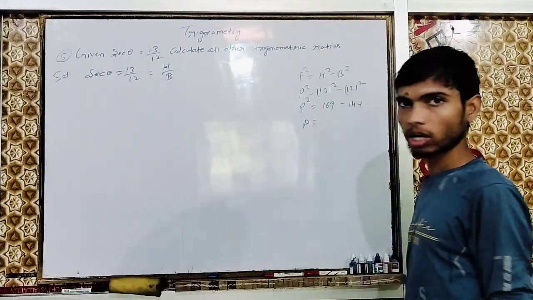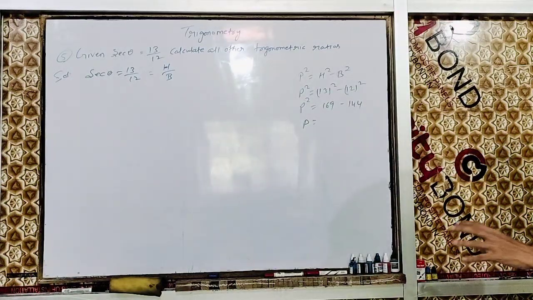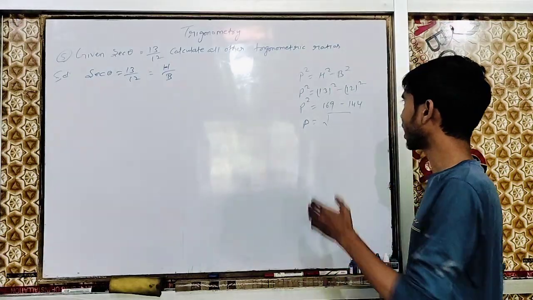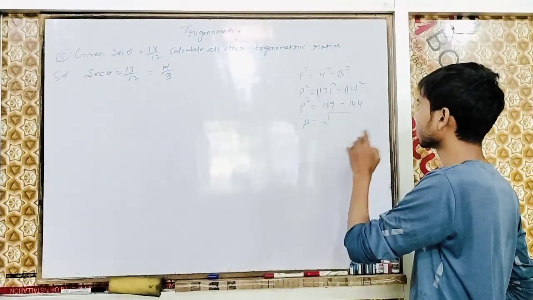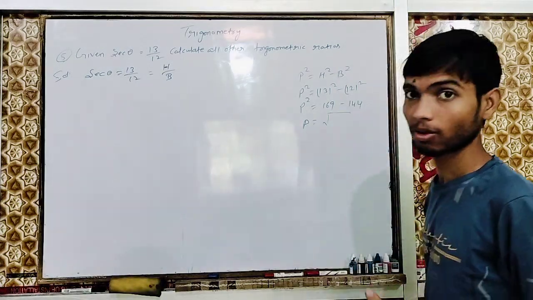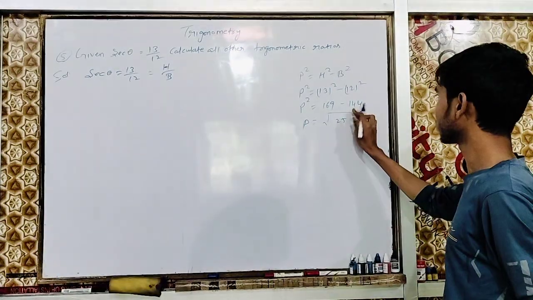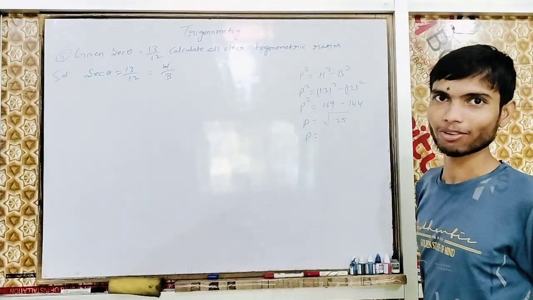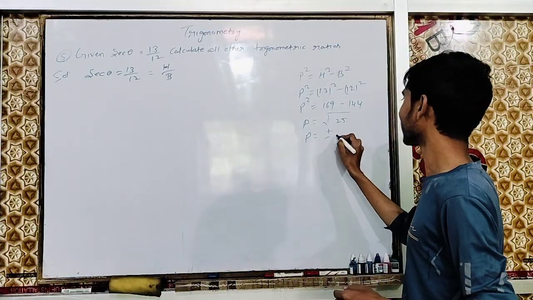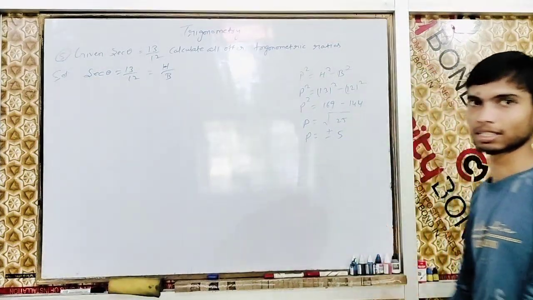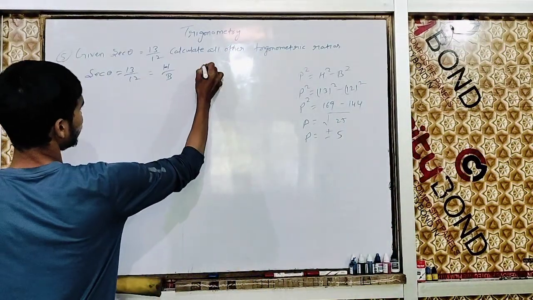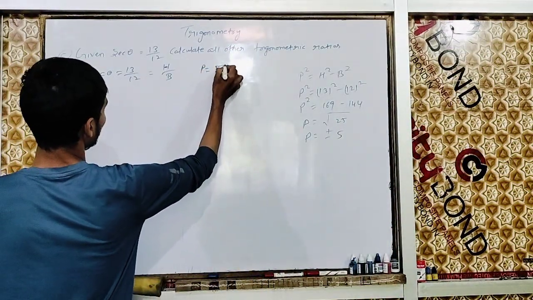Now when we subtract this from this, we will get 25. You know that this is a perfect square of 5. So at the end, p came as 5.